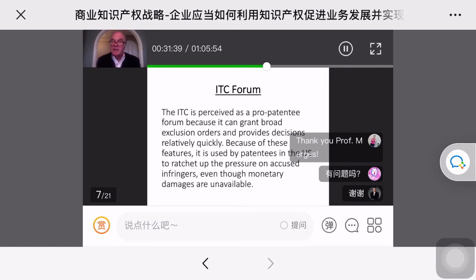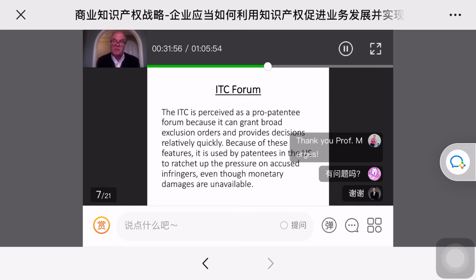In the business of keeping out unfair imports, the ITC sometimes has to decide whether an imported product is covered by an existing U.S. patent or trademark or copyright.